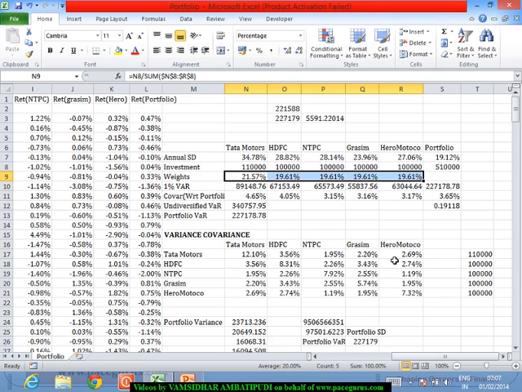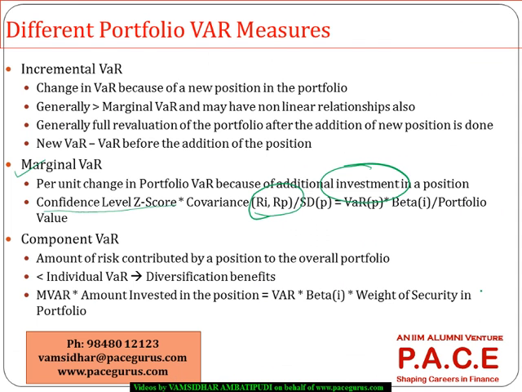And because of that, even the weightages, W1 squared and all these things that come as a part of the computation of the portfolio variance and then the portfolio VAR, even consider non-linearity in the numbers.